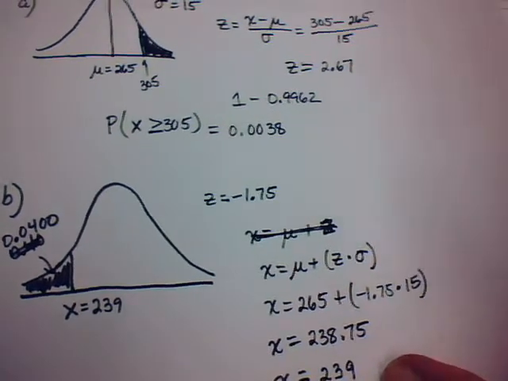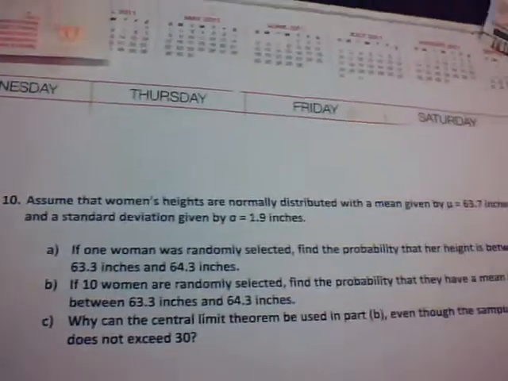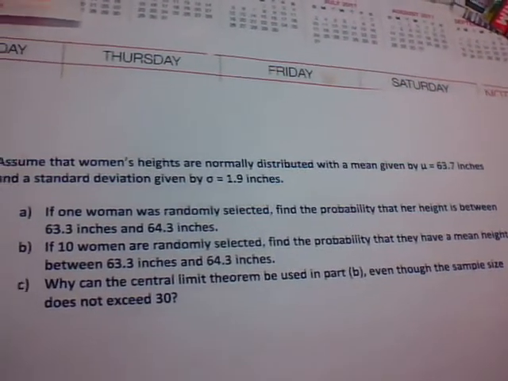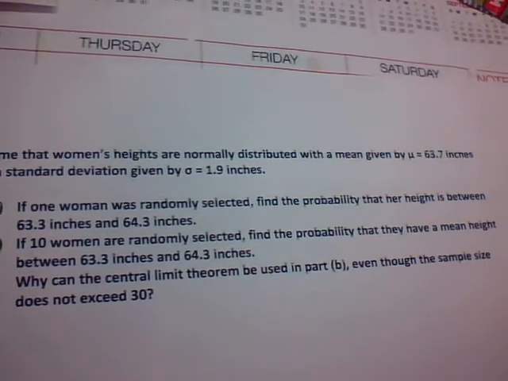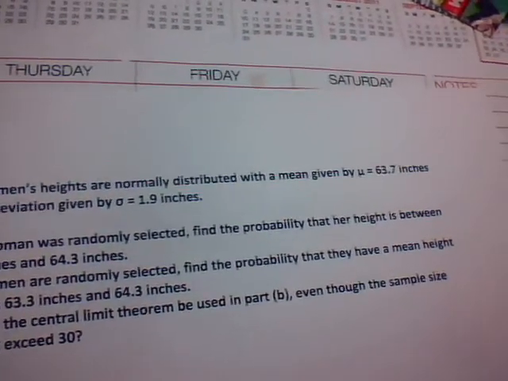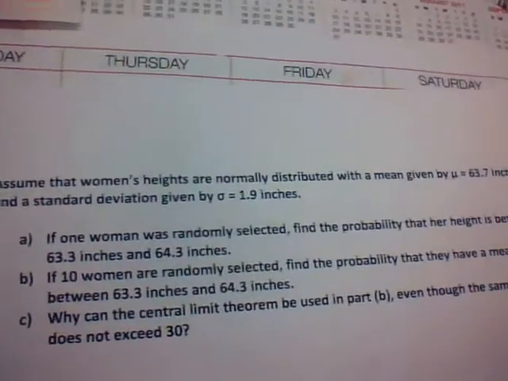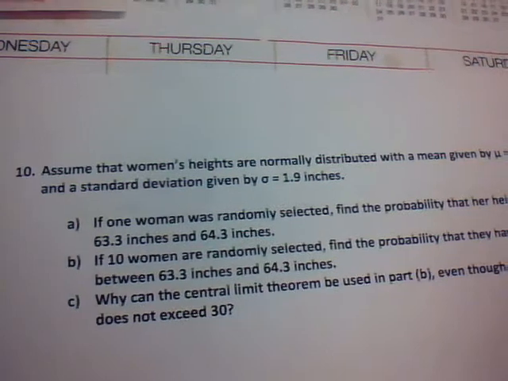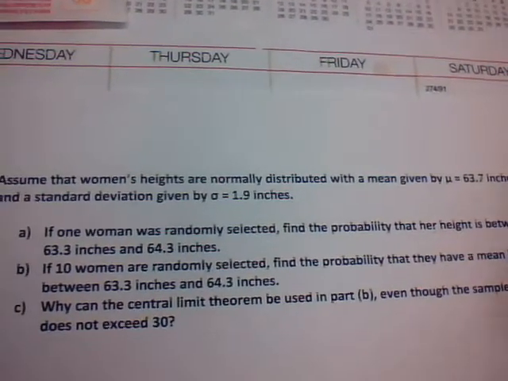And finally, question 10. Assume that women's heights are normally distributed with a mean given by mu, which is 63.7 inches, and the standard deviation given by sigma is equal to 1.9 inches. And there are 3 parts.